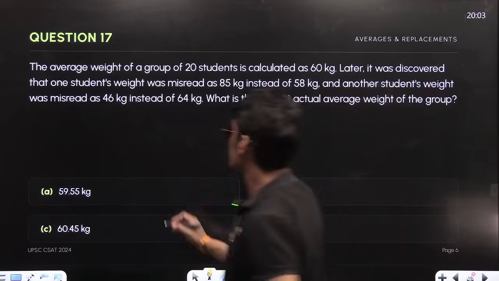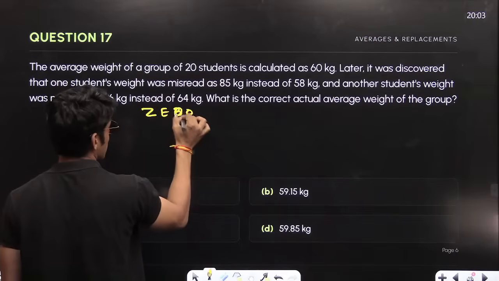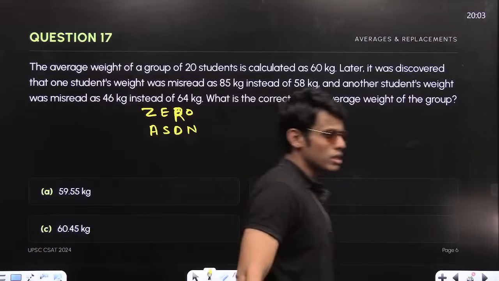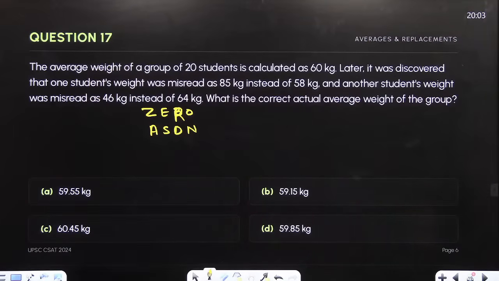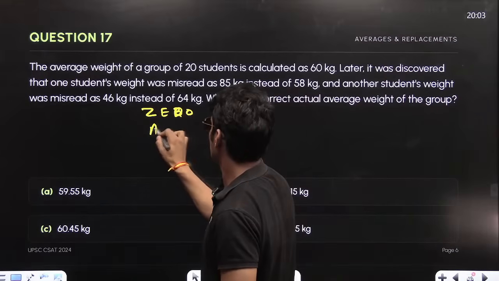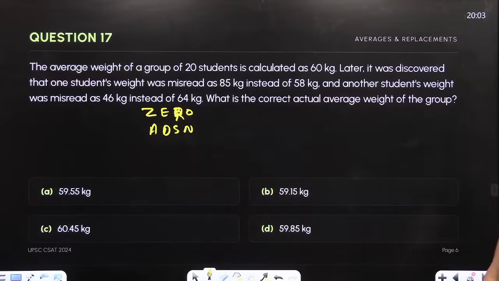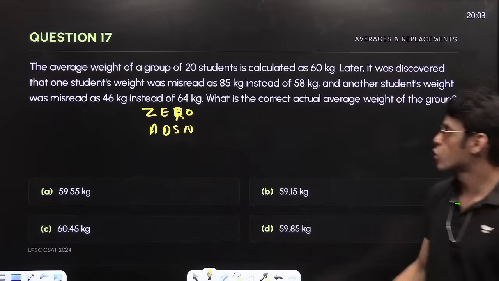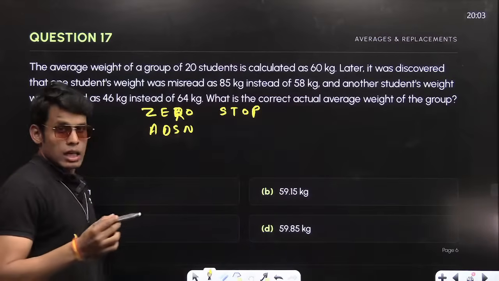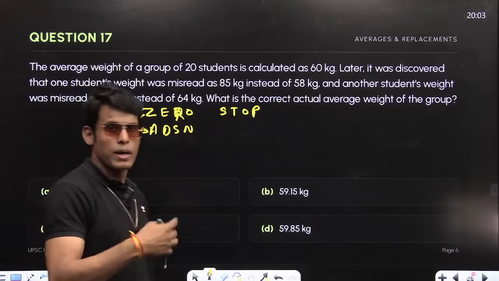Question number 17: 0 is encoded as ASDN, right? What is the encoding of stop? Now, see, consider the alphabets in cyclic order.